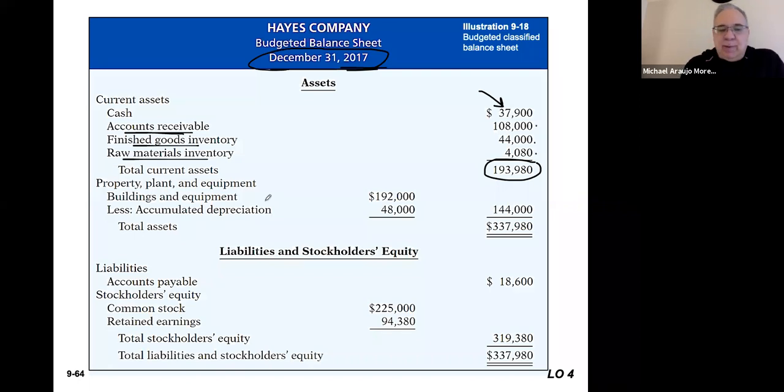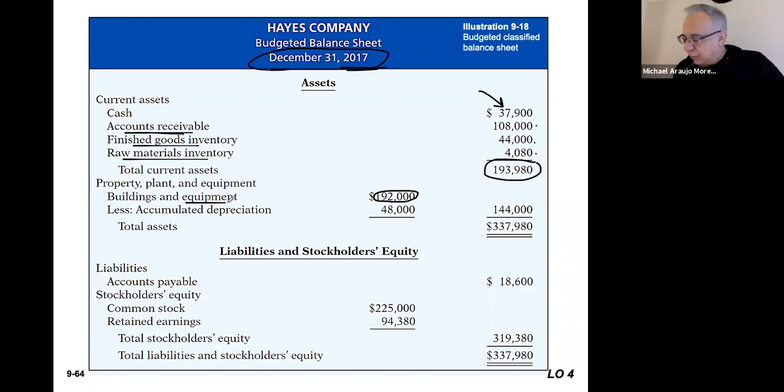So the property, plant, and equipment, as you remember, ended 2016 with $182,000 of buildings and equipment, but we bought a $10,000 truck in the budget. And so now we have $192,000 worth of buildings and equipment. A truck is equipment, so that's where the $10,000 would go.